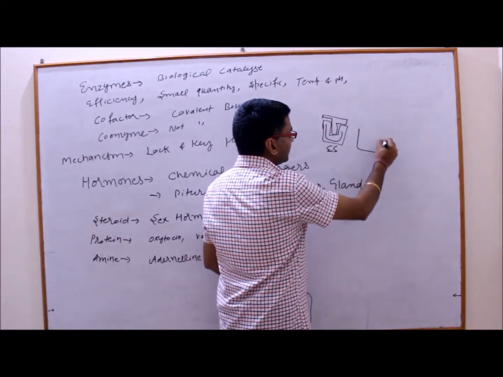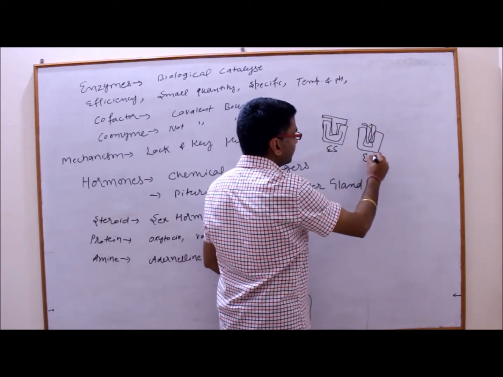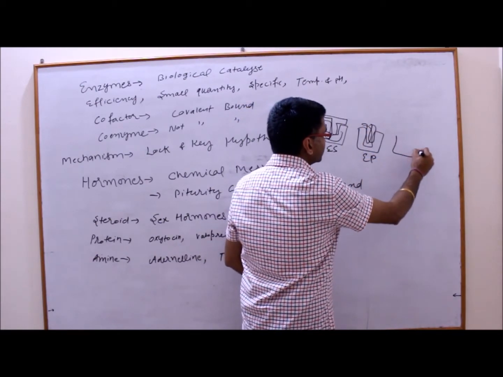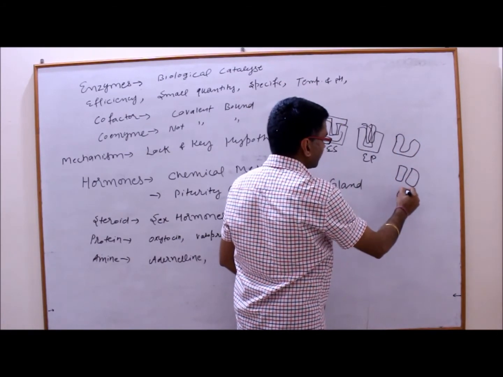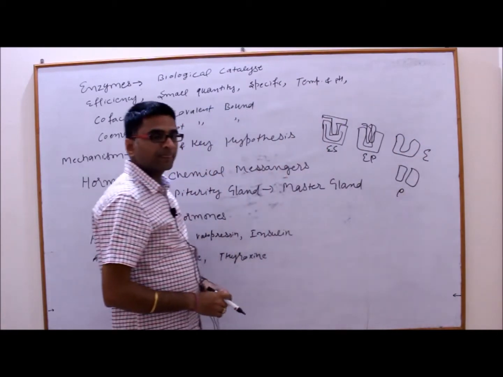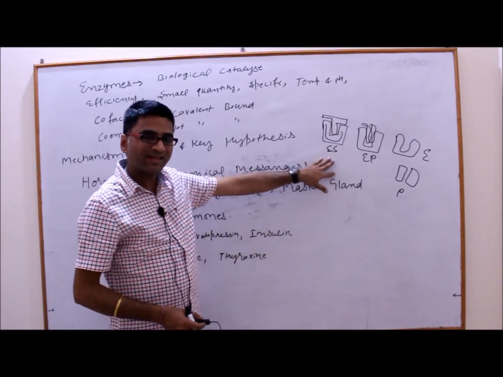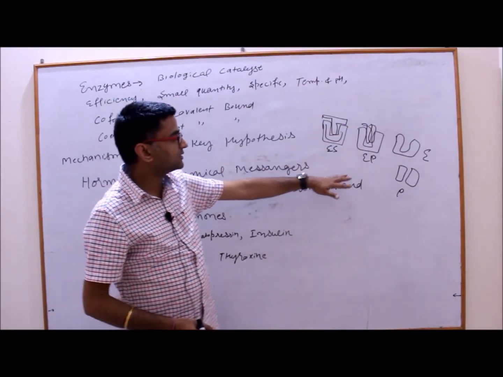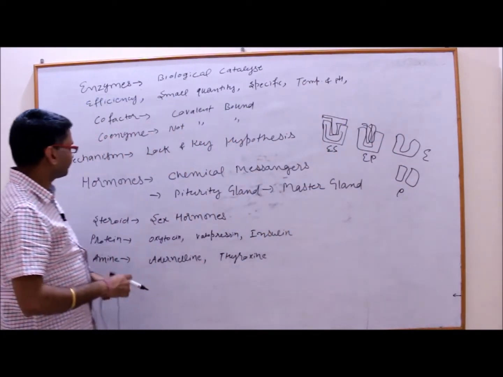Then it forms a product, enzyme product, and then the enzyme gets separated and the product gets separated. So this is the mechanism of enzyme reactions. Enzyme substrate complex, activation energy is lowered, enzyme product is formed, enzyme is separate and product is separate.